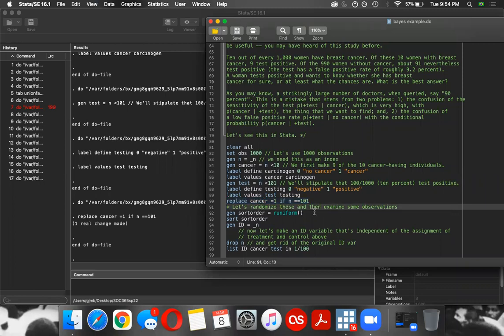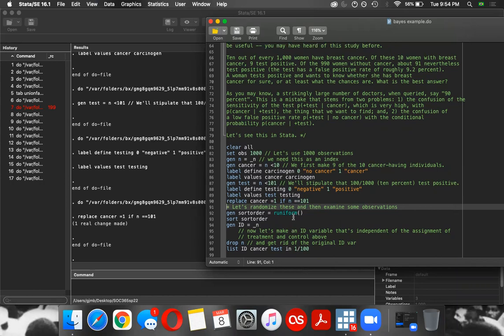Now, just for the sake of making this more realistic, and so that we can examine this a little bit, I want to sort these observations in random order. Right now, the order is not random. I actually used the order to assign people to different statuses. So we're going to make a sort order using a random value function with the uniform distribution.